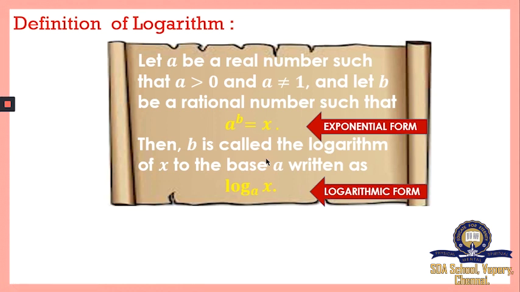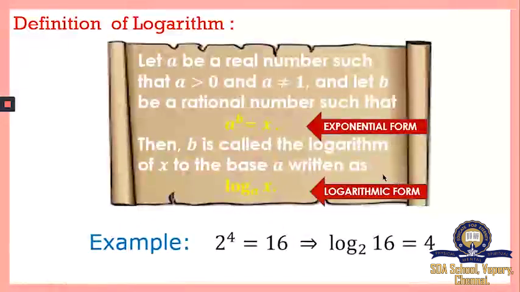Let us see an example based on this. Here 2 power 4 equal to 16 is an exponential form, right? Now we are expressing 2 power 4 equal to 16 in logarithmic form as log 16 to the base 2 equal to 4.